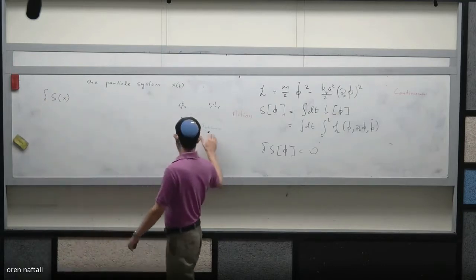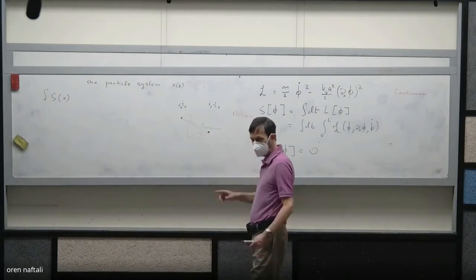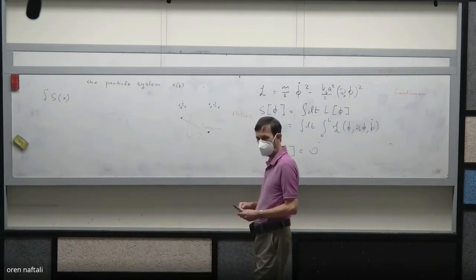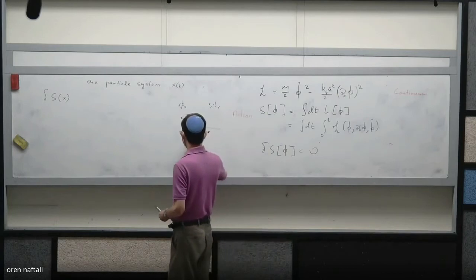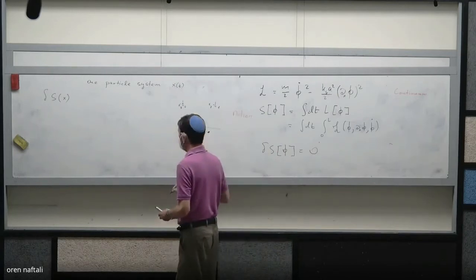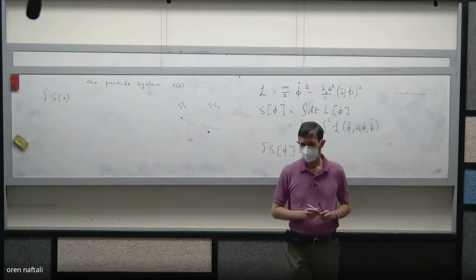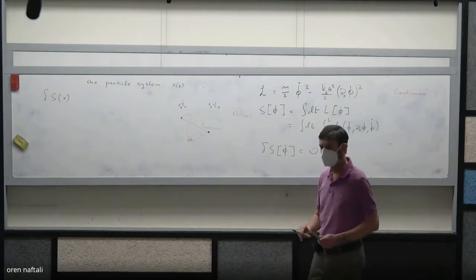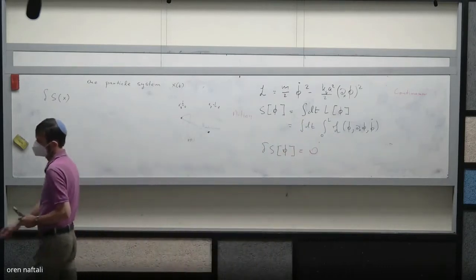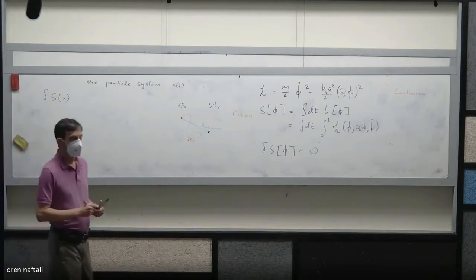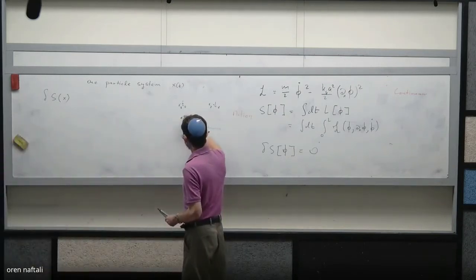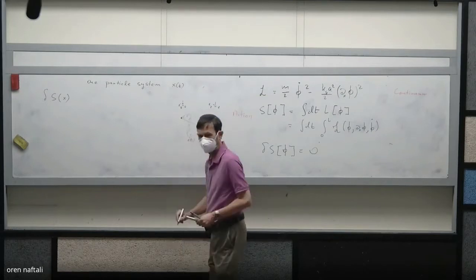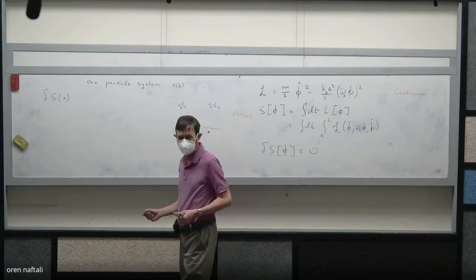I take some function, some value of x of t, and start to move it around, and get a different trajectory.